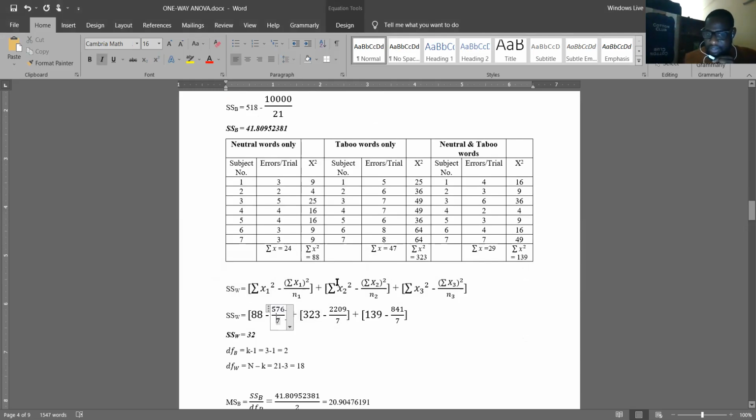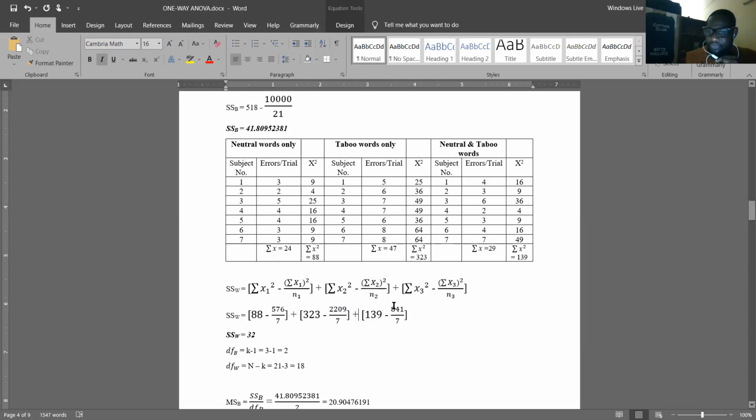Then we'll go in for the second group, which is sigma x squared, which is 323, minus 47 squared, which will give you 2209 over n2, which is also 7.